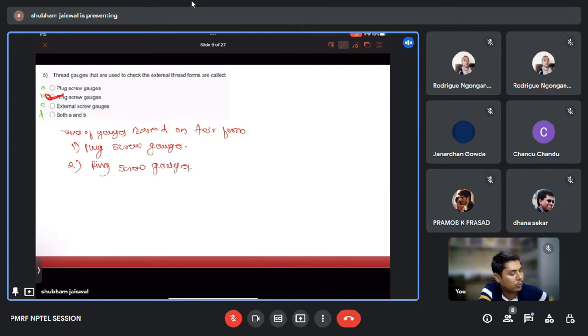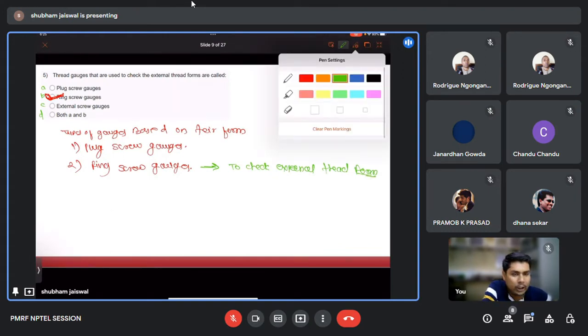So among these two, we use ring screw gauges to check external thread form. Okay. So any doubt in this one?